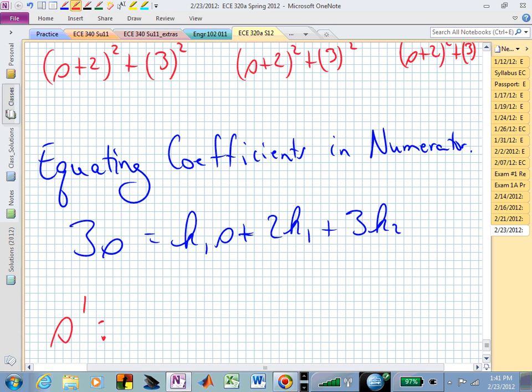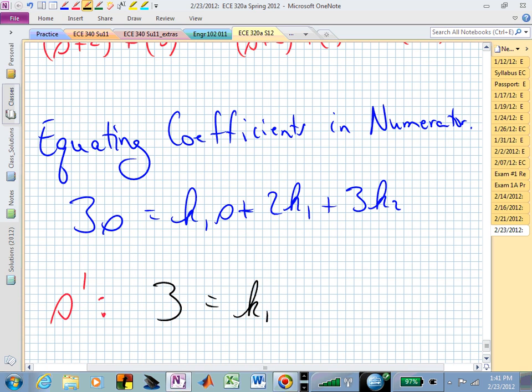If we look at the coefficients associated with the s piece, or s to the 1, I have one of those on the left, that's 3. And on the right, what's the coefficient associated with the s term on the right-hand side? That's so easy, it's hard, right?